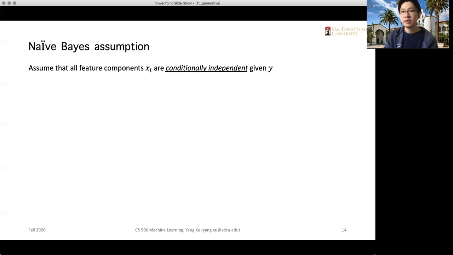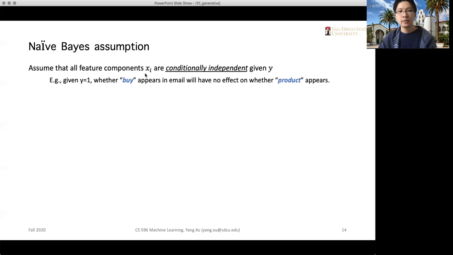And this simplified assumption is called the Naive Bayes assumption. This assumption says that all the features, all the words in the case of email, are conditionally independent given the label Y. So given the label Y equals 1, which is a spam mail, whether the word "buy" appears in the email will have no effect on whether the other word "product" appears.